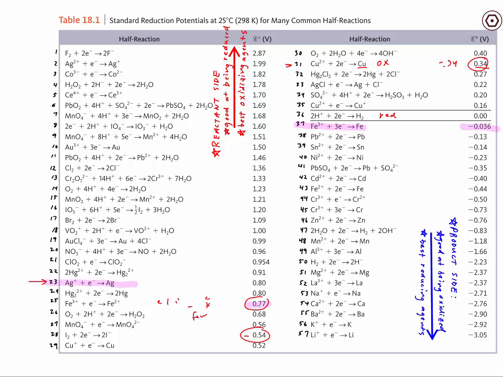The one being reduced is above the one being oxidized. So this one needs to be flipped, and we change the sign, but it's 0 anyway, so that one stays 0. But this is the one reduced, and this is the one being oxidized. So the one being reduced is above it.